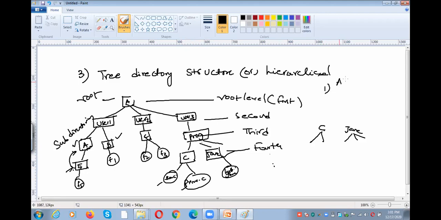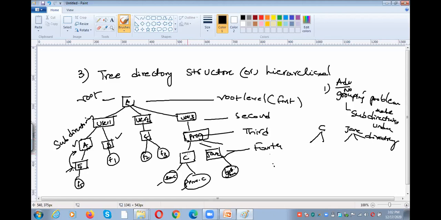So that is the advantage of tree directory. What is the advantage? The advantage is no grouping problem. Grouping problem is solved here. Why? Because here we can make subdirectories under a directory. So observe here, user 3. In the user 3 there is one directory called programs.